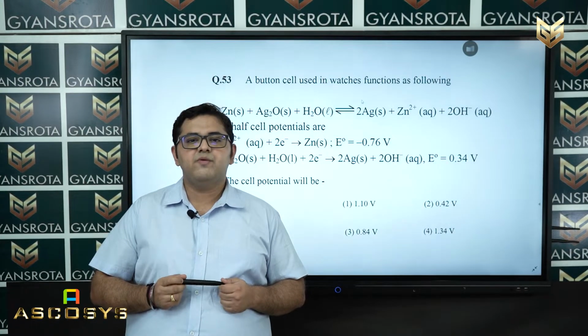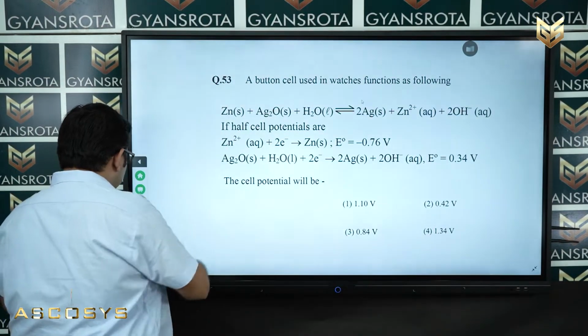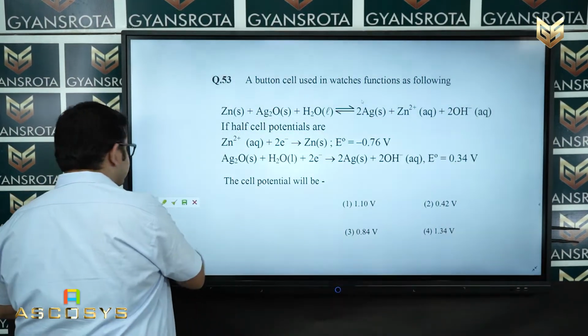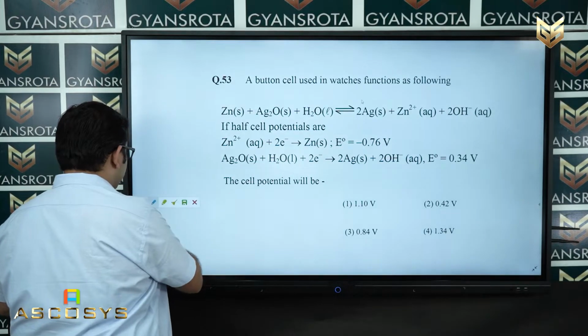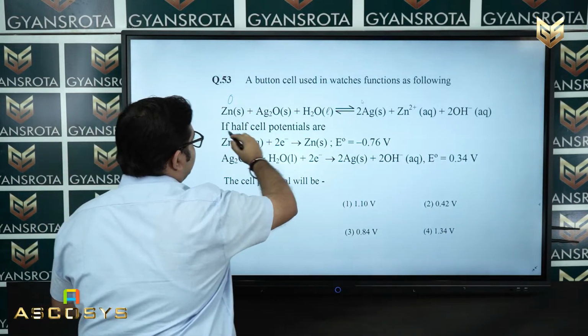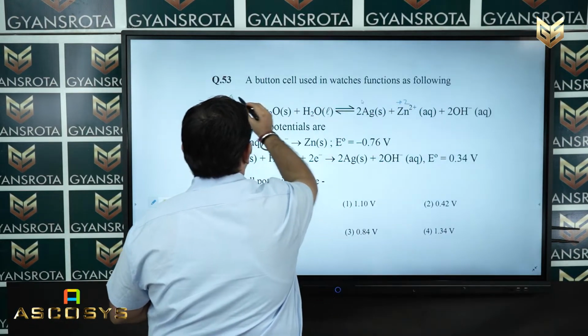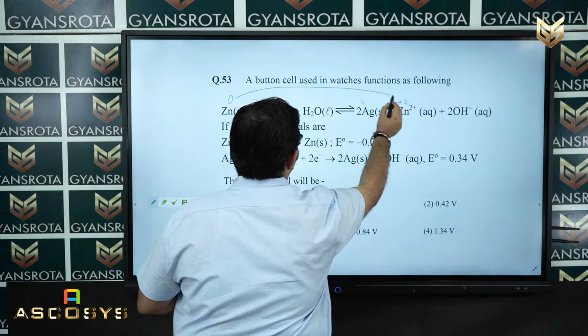So, now we are moving to the solution part. Let us first calculate the oxidation state. For zinc it will be 0 and it will be converted into a +2 state, which means this process is your oxidation process.